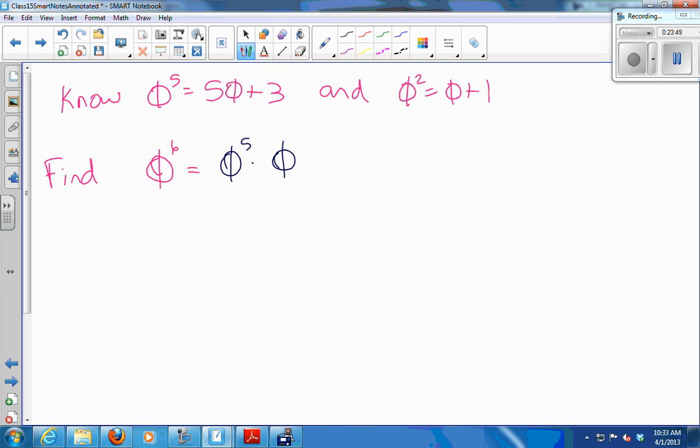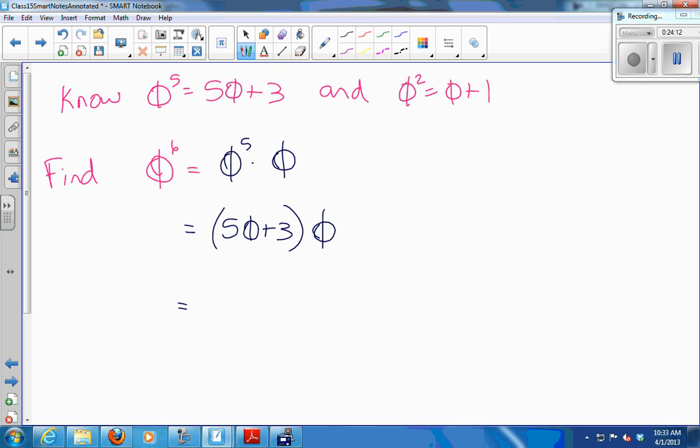Then replace phi to the fifth with what it equals. What does phi to the fifth equal? 5 phi plus 3. So instead of phi to the fifth times phi, I'm going to do 5 phi plus 3 times phi. Make a substitution, replace phi to the fifth with something else that is equal to it.